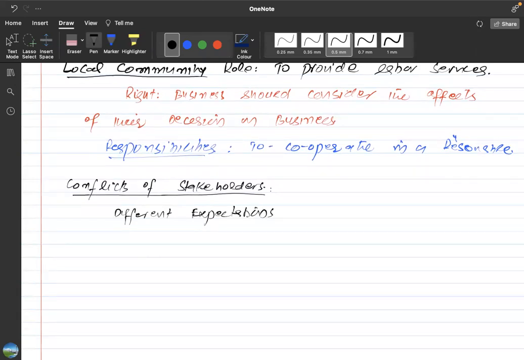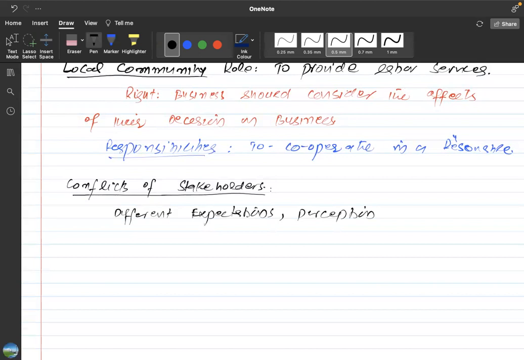They might have different perceptions about the business even. You may say a junior level employee might not see the bigger picture like a manager might see. So the perception of a junior level employee and a perception of a director will be entirely different.